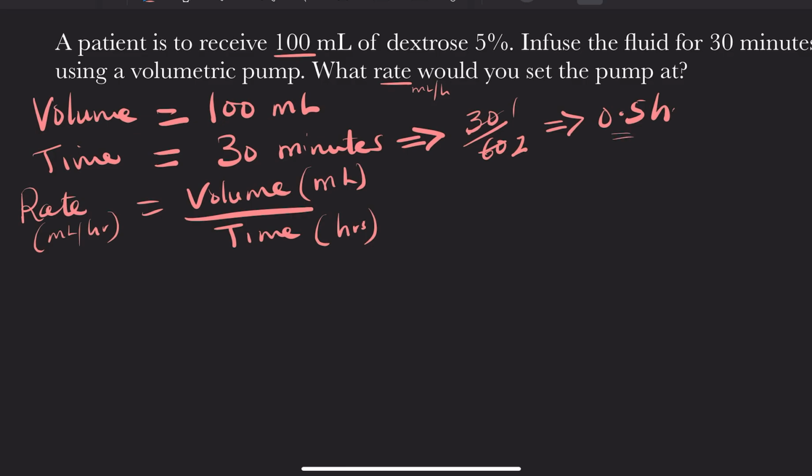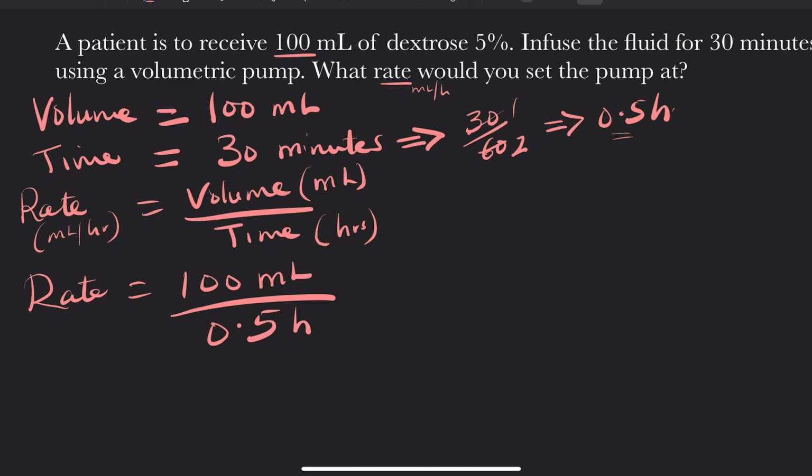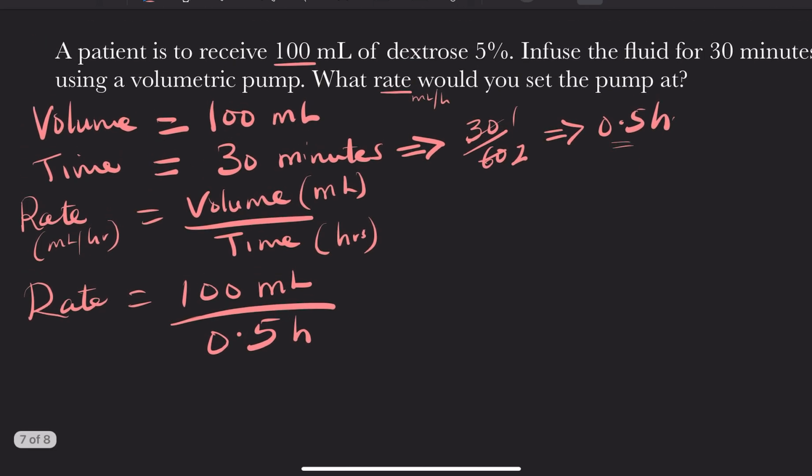So we could just say here our rate is equal to volume, which is 100 mils, divided by 0.5 hours. And if you use your calculators here, this should give you 200 mils per hour.